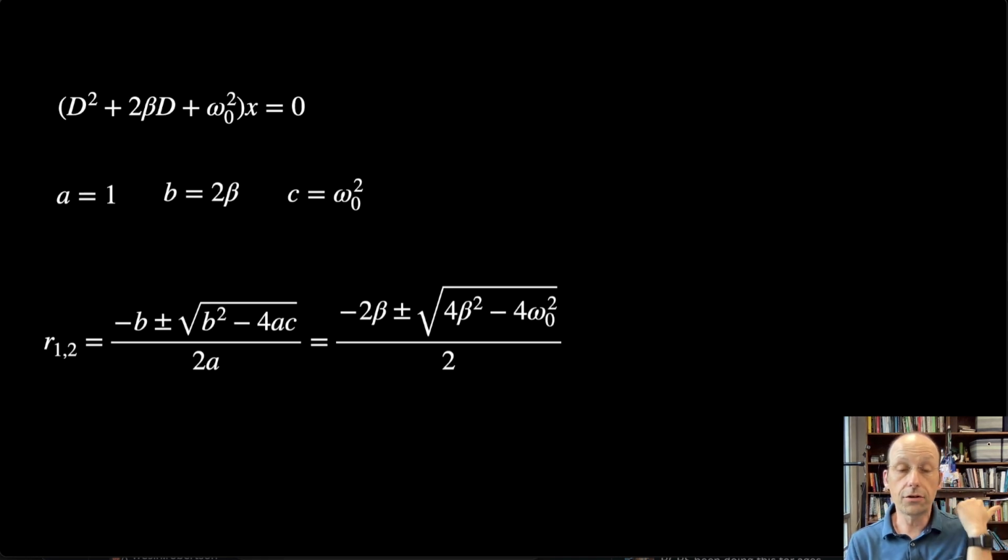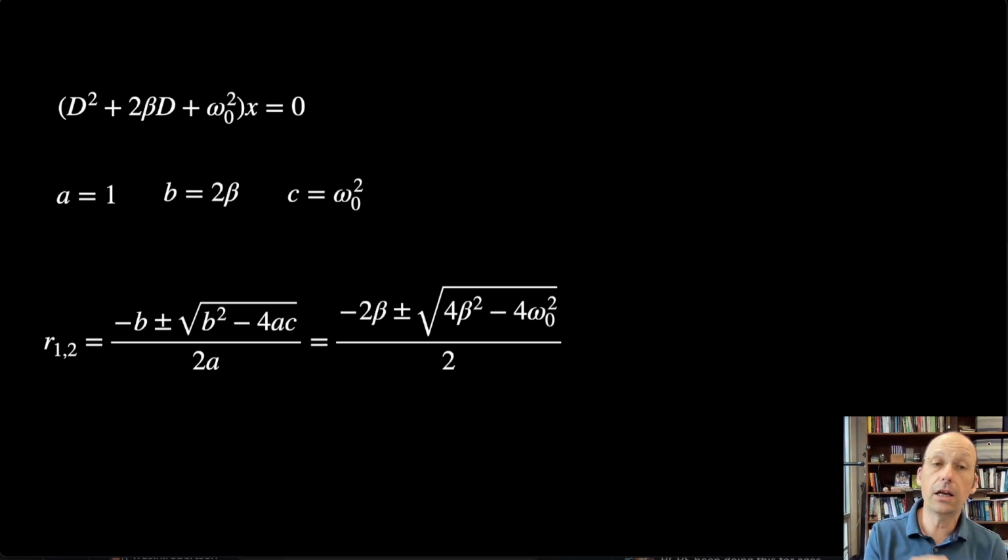So R1 is going to be negative b plus the square root of b squared minus 4ac, over 2a. And then R2 would be negative b minus the square root of b squared minus 4ac, over 2a.